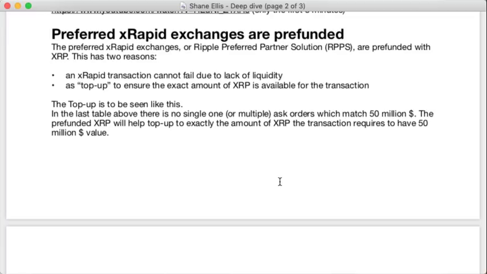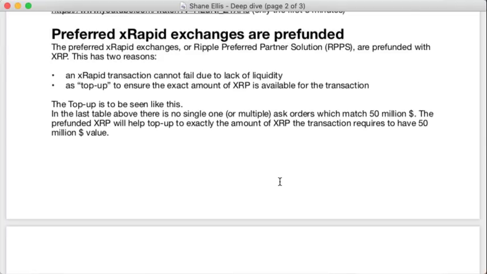Now, in the Shane Ellis document there are several questions regarding the preferred XRapid exchanges. Basically those preferred exchanges may be called internally Ripple Preferred Partner Solution, and they seem to be pre-funded.